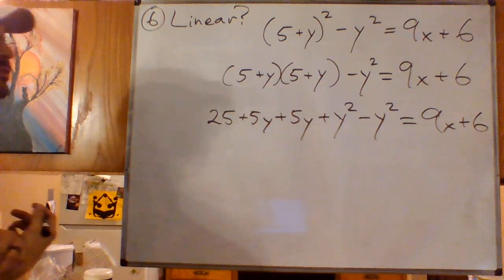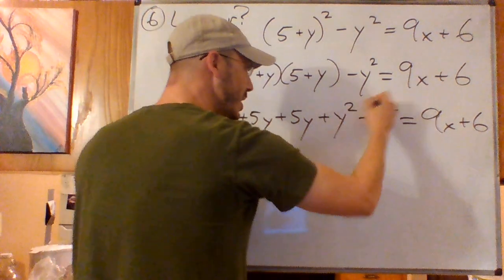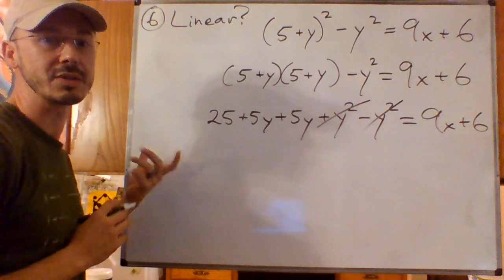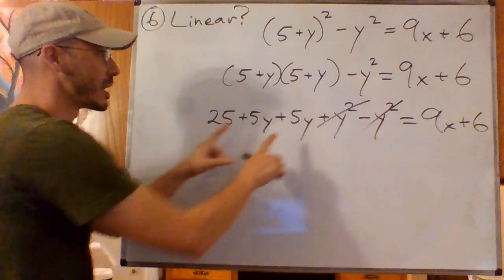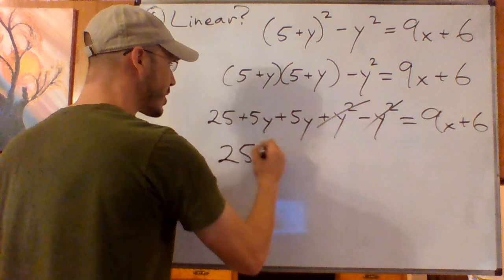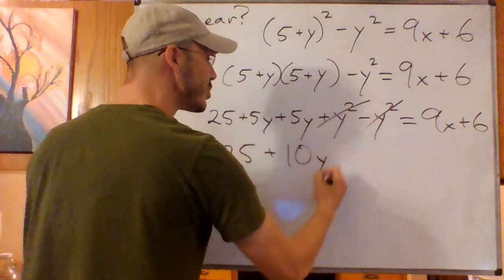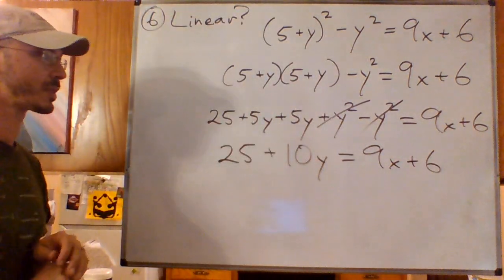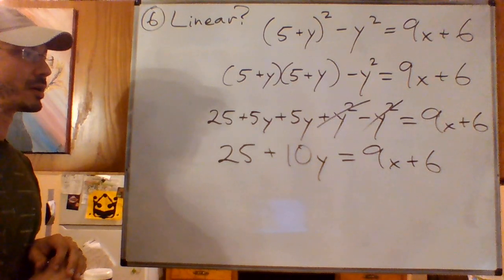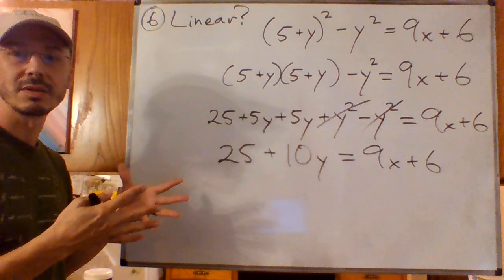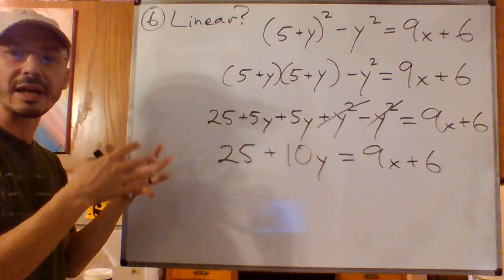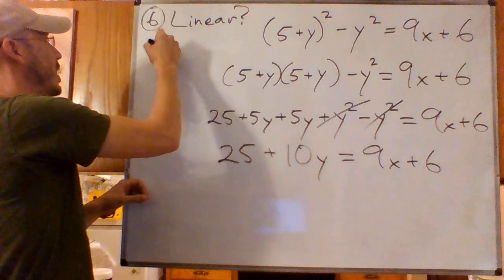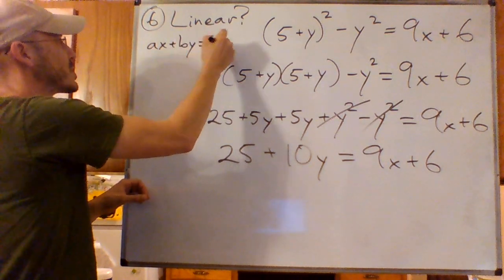If I simplify that, I can cancel those two, y squared minus y squared, and I can combine these: 25 plus 10y equals 9x plus 6. Now I'm going to sort things according to ax plus by equals c.